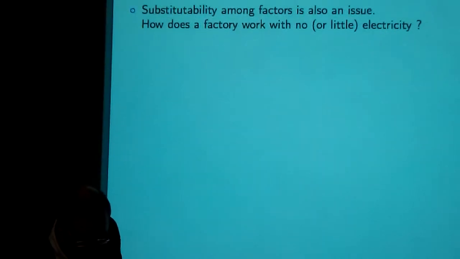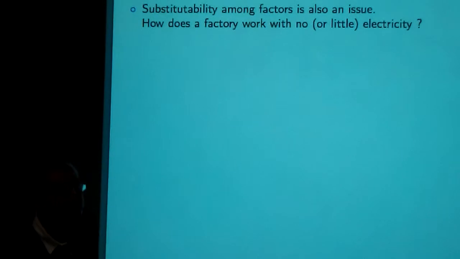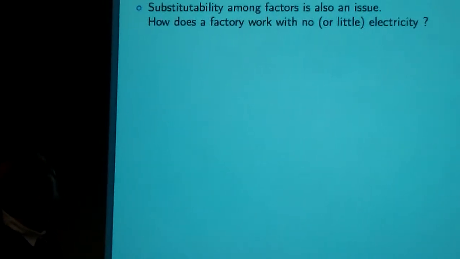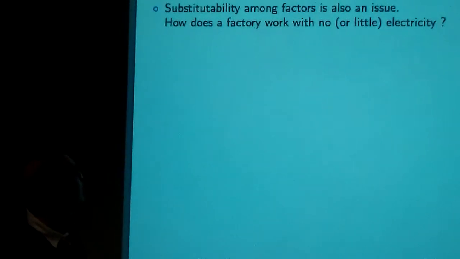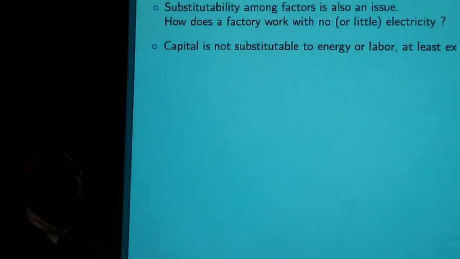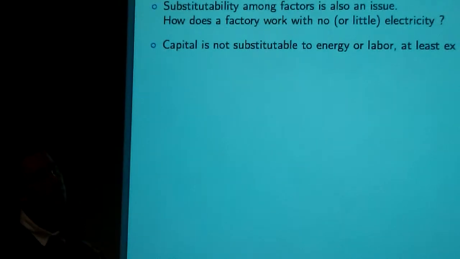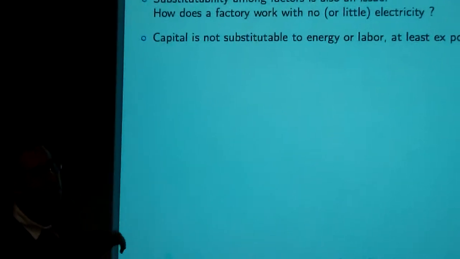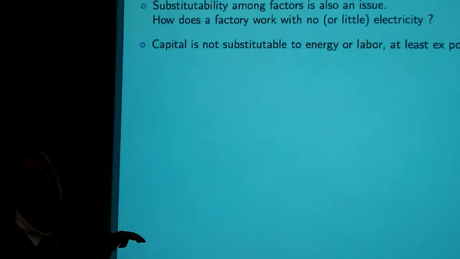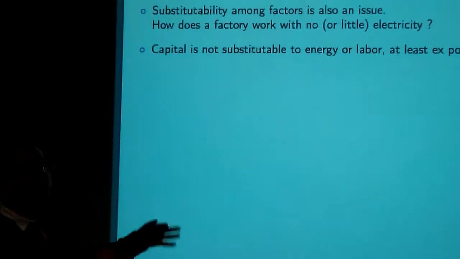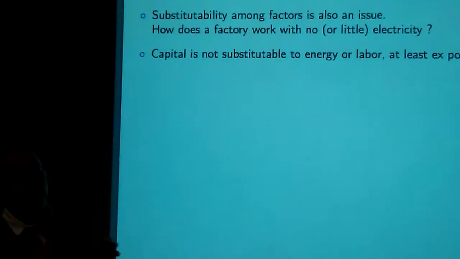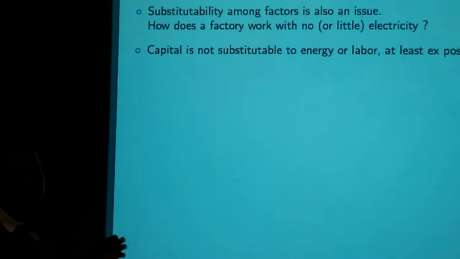Okay, this already said. A word about the substitutability among factors. This is also an issue. My viewpoint is that ex post, the production factors are not substitutable. Once you have built your factory, you cannot transform your factory into labor force or into energy.